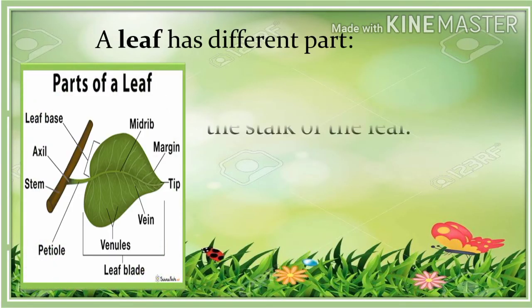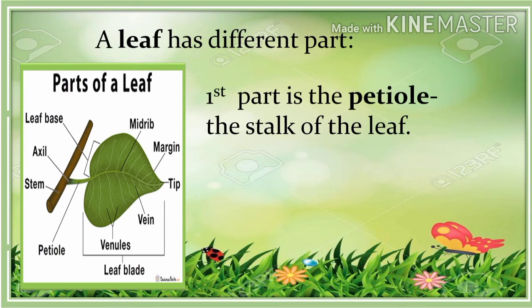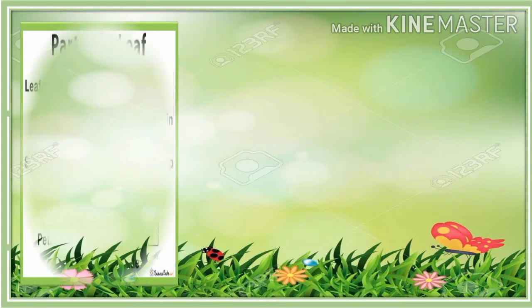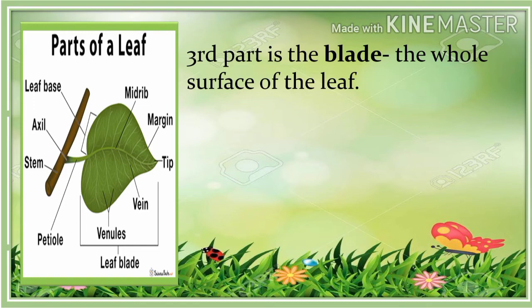The first part is the petiole, the stalk of the leaf. The petiole is attached to the stem. And the second part is the margin, the side of the leaf. How about the third part? It is the blade, the whole surface of the leaf.